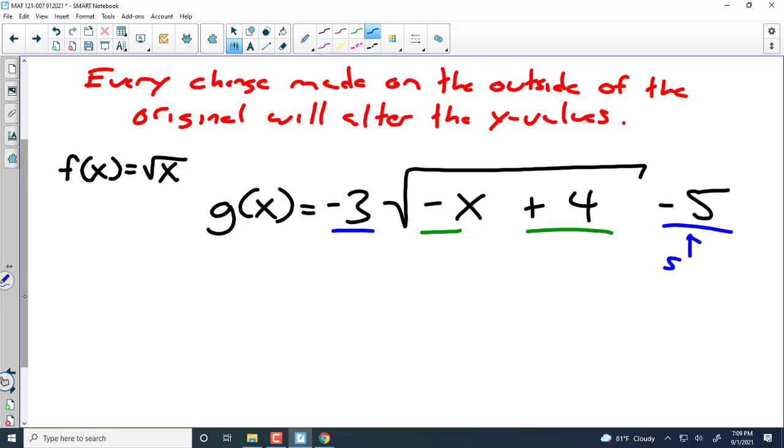This right here, we're going to subtract 5 from y. That was the vertical shift. What's this plus 4 going to do on the inside? Move it left, or subtract 4 from x. Very good.